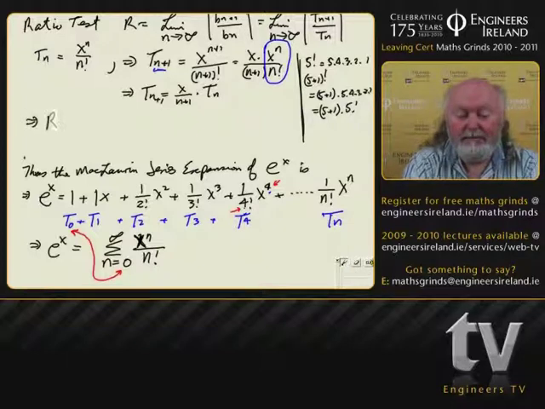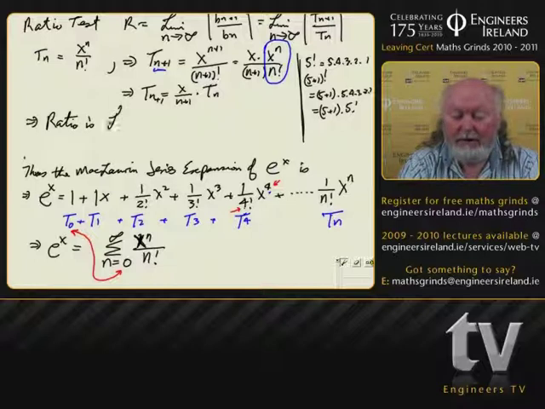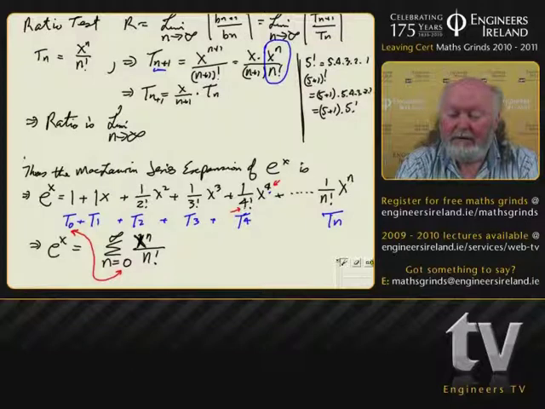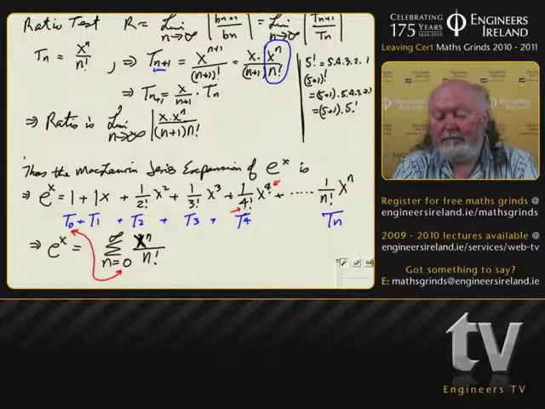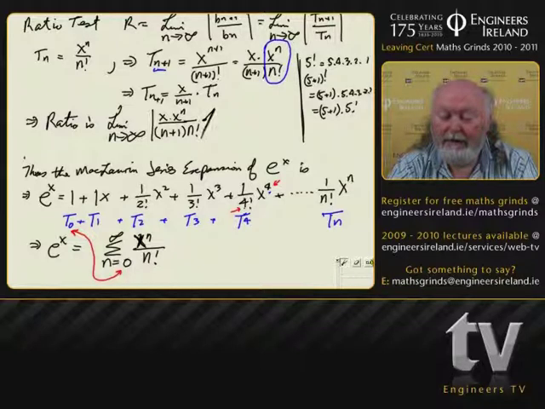So the ratio is the limit as n goes to infinity of, and I am going to be dividing by Tn.